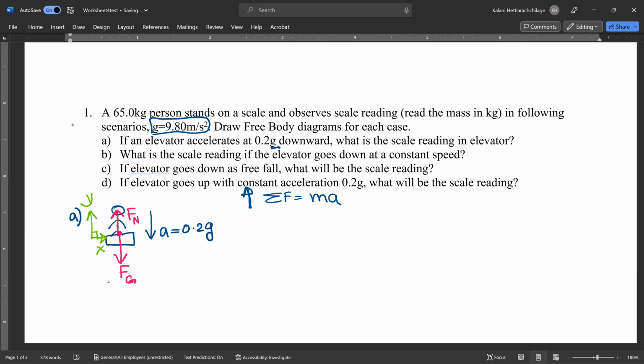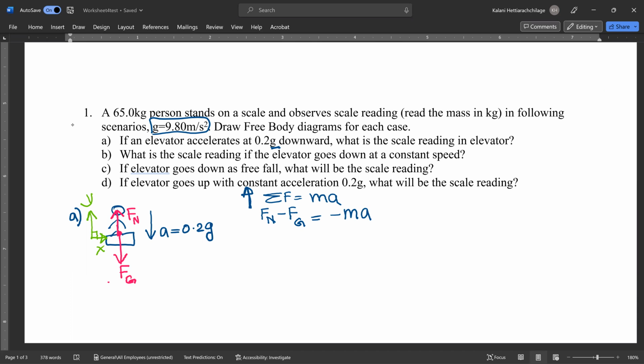What are the forces I have? I have the normal force in the positive direction, but the force of gravity is in the negative direction. Mass does not have a direction, but acceleration does. Acceleration is downward, so I should have negative mass times acceleration.